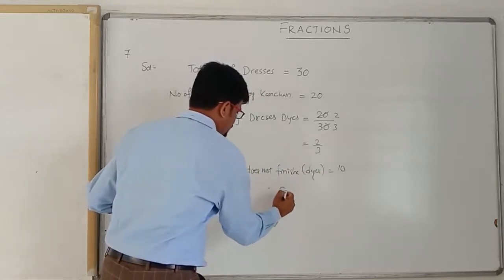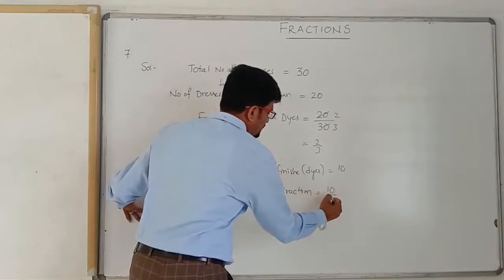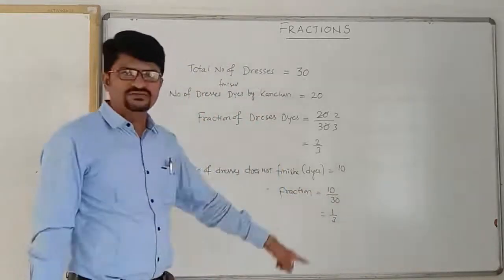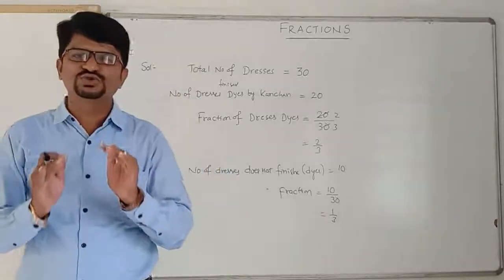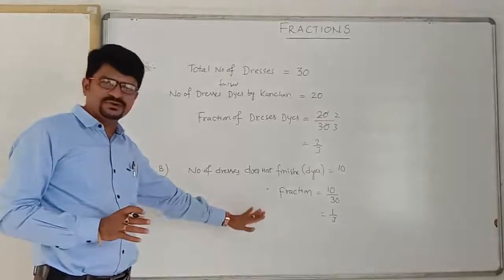Therefore, the fraction is 10 by 30, that implies 1 by 3. This is the 1/3 of the part. Still, she has to do the work. Okay, right, children? This is the additional part only.